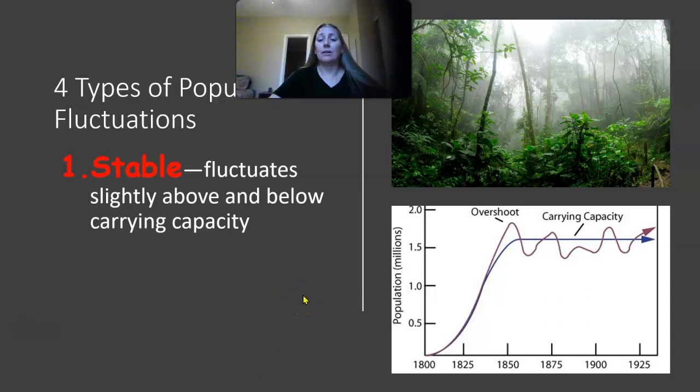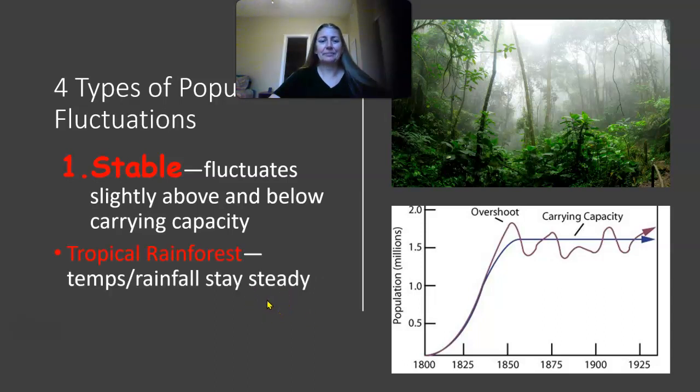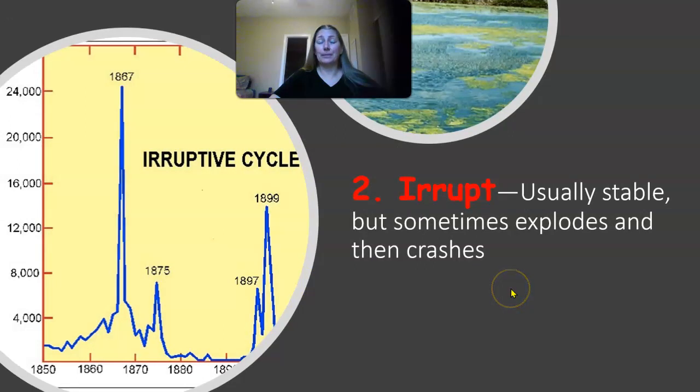So things like plants in a rainforest, for example, tend to remain fairly stable. The reason why plant populations in a rainforest tend to remain fairly stable is because you've got constant rainfall, constant sunlight, relatively constant temperatures.